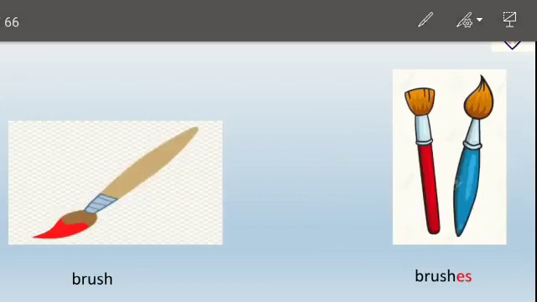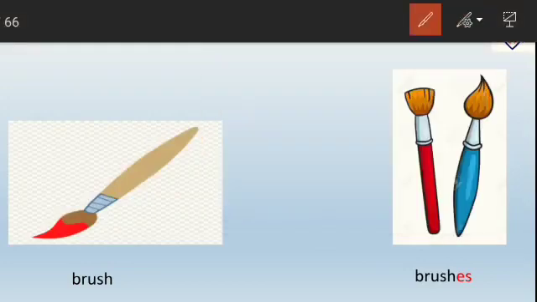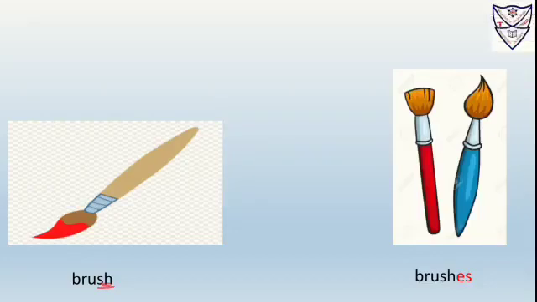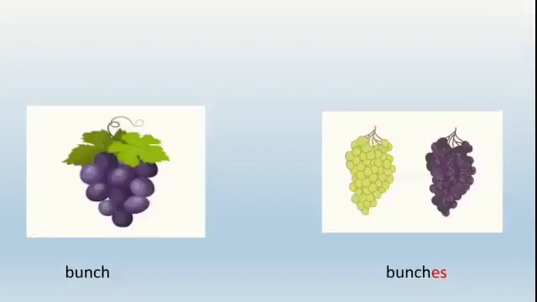Brush, brushes. Now here the word ends with sh, so when the word ends with sh, at that time also to make it plural we are adding es. So brush, brushes. Bunch, bunches.